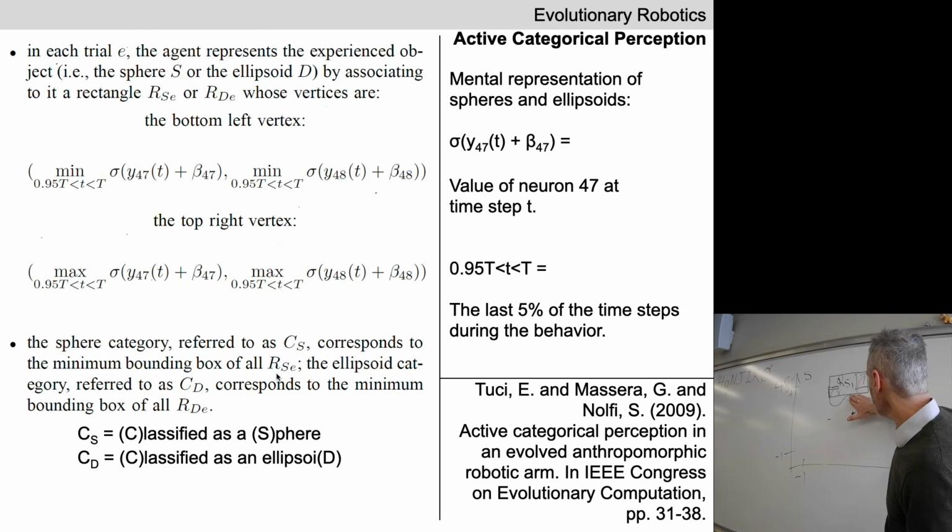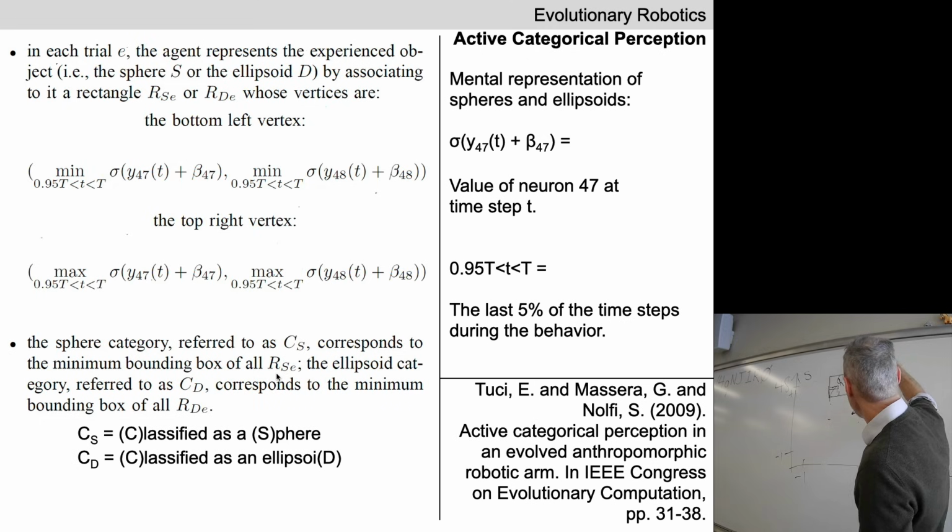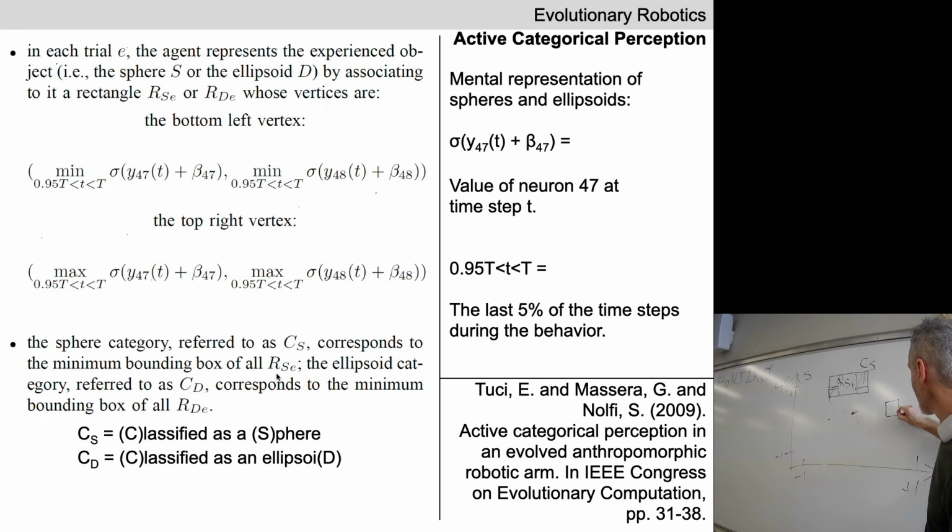Okay. So that's now C sub S. We're going to have a whole bunch of other little bounding boxes for R sub D sub 1, the first presentation of the ellipsoid, second presentation of the ellipsoid, and then C sub D is the bounding box around those bounding boxes.